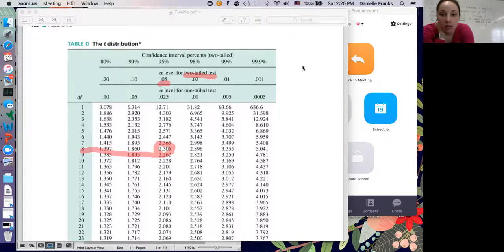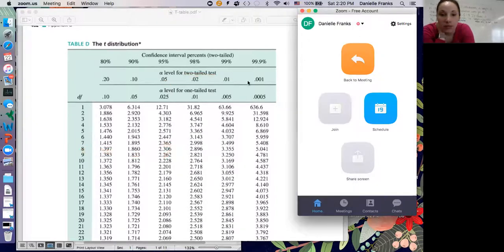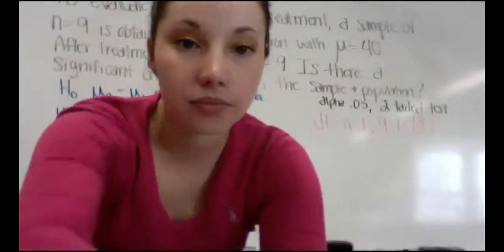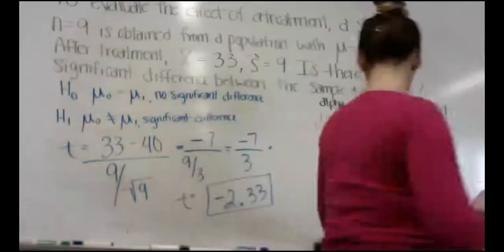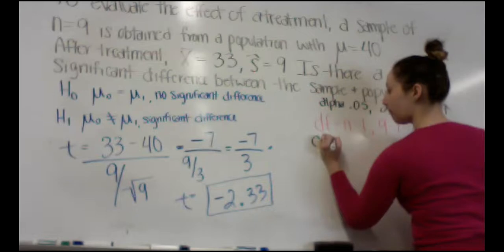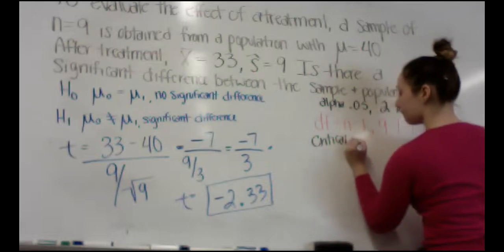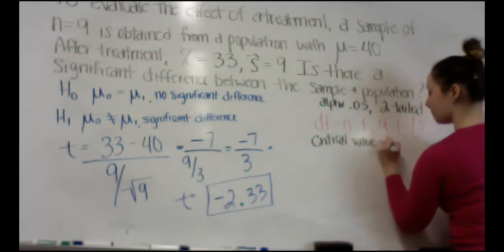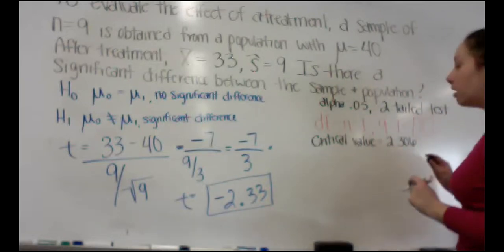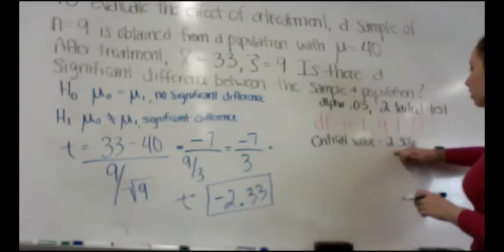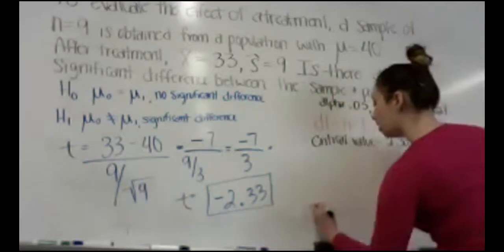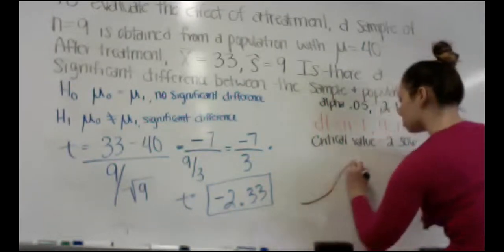Our critical value is 2.306. Now we've got to see if our critical value allows us to retain or reject the null hypothesis.